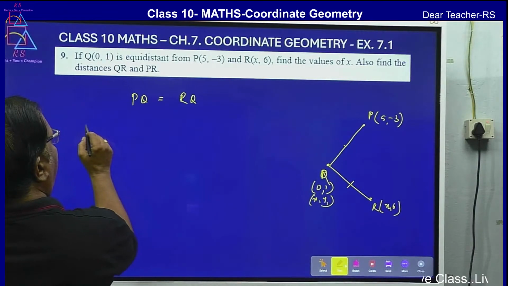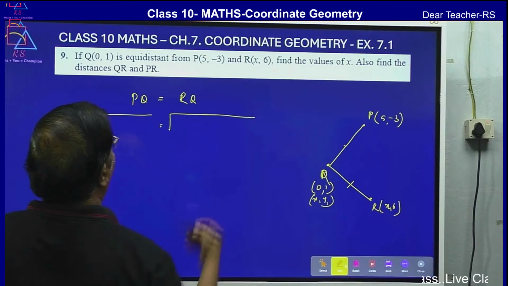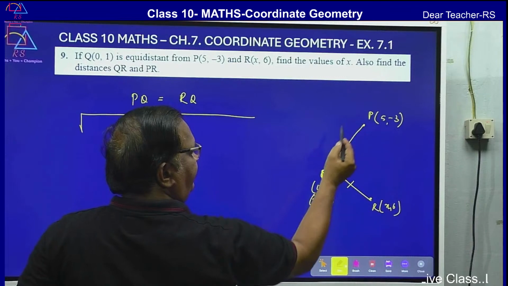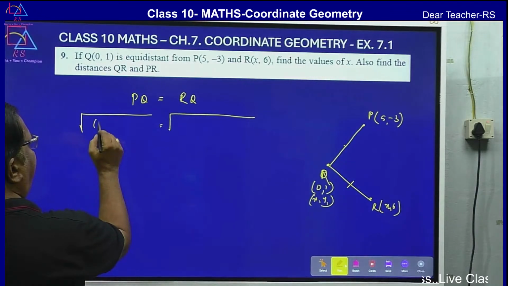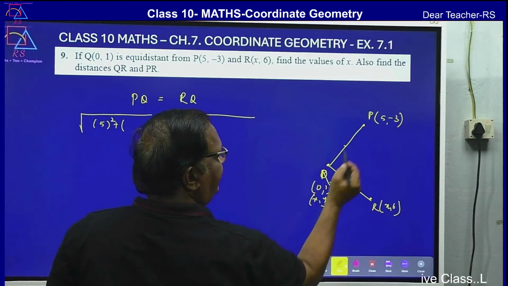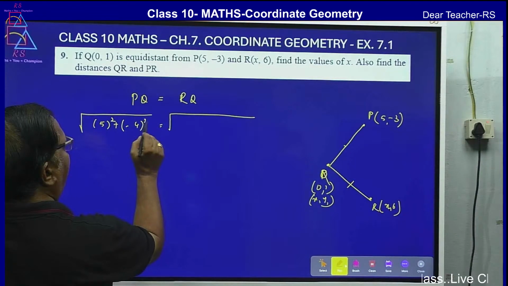Now, square root. So PQ, that means 5 minus 0, it is equal to 5, minus 3 minus 1, minus 4, whole square.